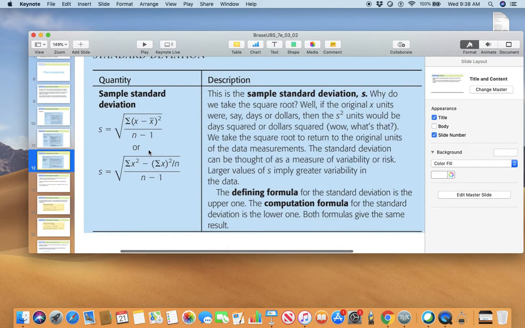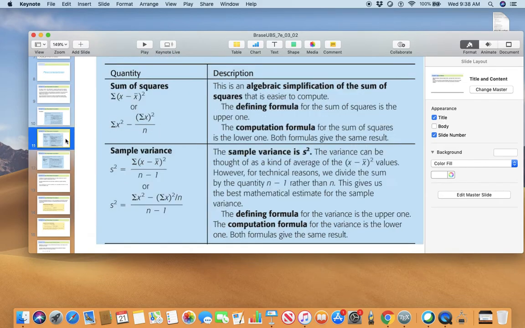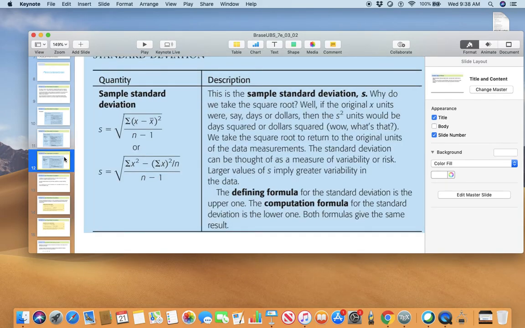Standard deviation is denoted by s. It is the square root of the variance: s is the square root of s squared. The top is the defining formula and this is the computational formula. Remember what I said?